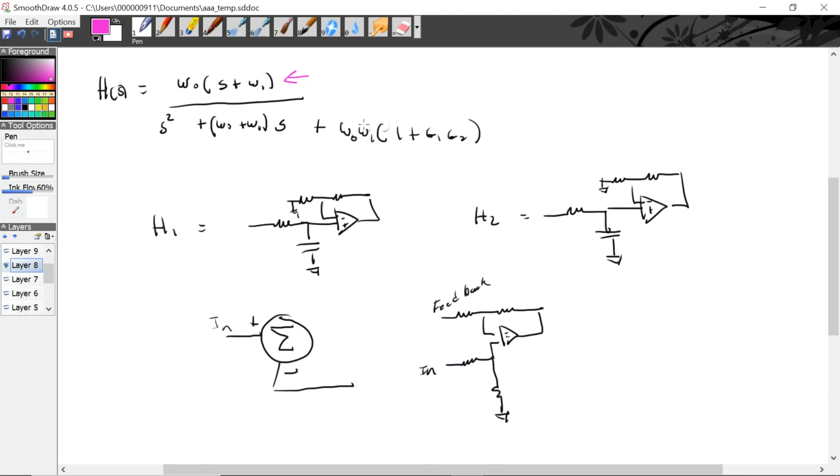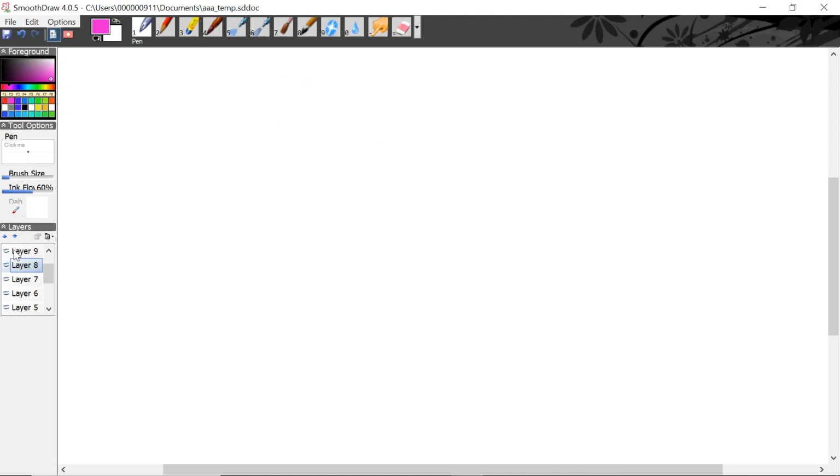All right, so now let's turn this into a circuit. What's H1? It's a low-pass filter with gain. What's H2? A low-pass filter with some kind of gain. What's the summer? Well, we have the input, and then we're going to have this feedback, so we have two inputs here. Let's put it all together.